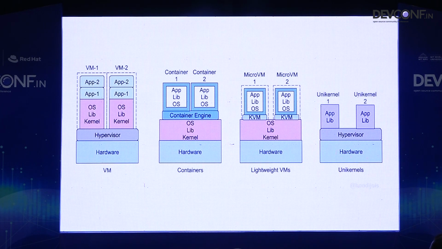Potentially run it on the hardware, but if not, have a very thin virtualization layer that can work with your application and its library. So it's taking all of the lessons from the VMs world, from the lightweight VMs world, marrying them with some of these successes we've seen in the containers world and recreating them as unikernels.